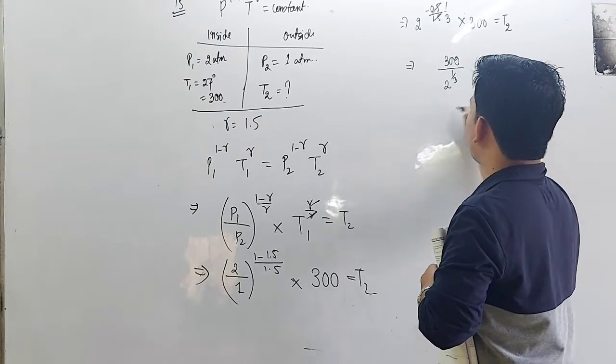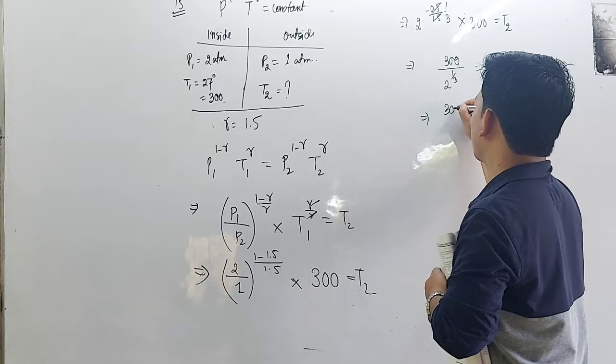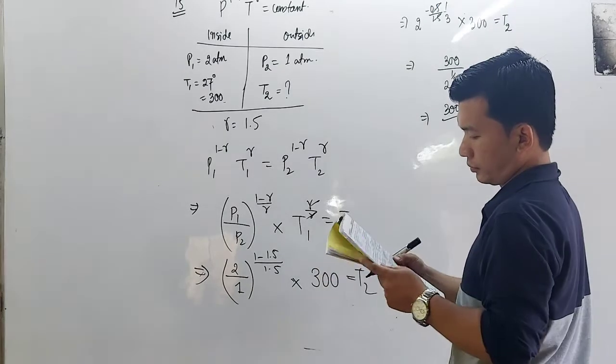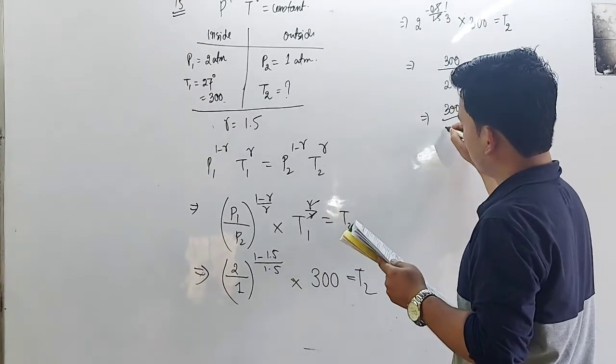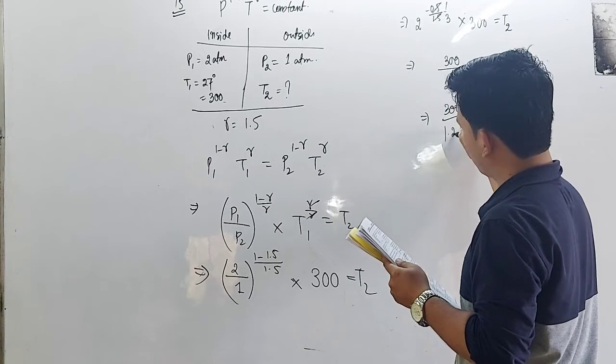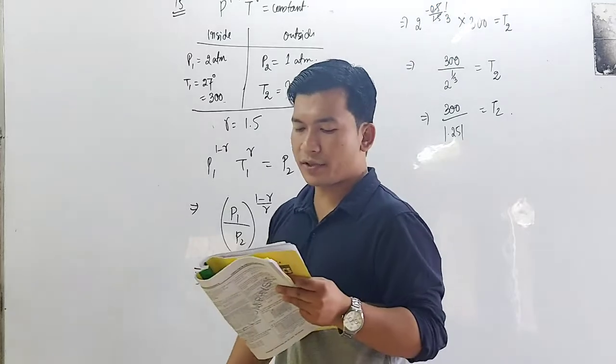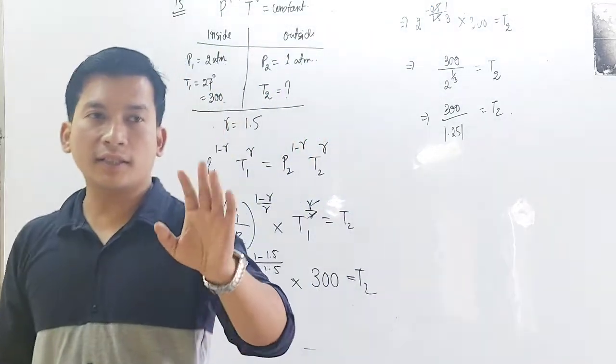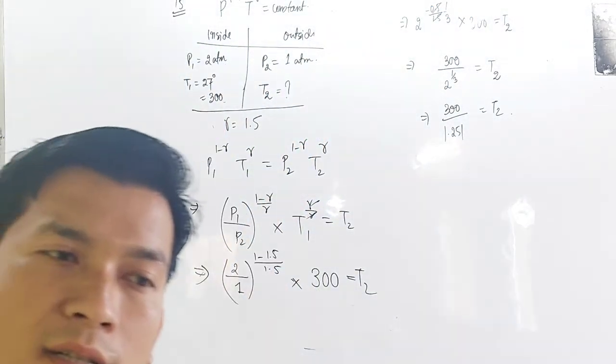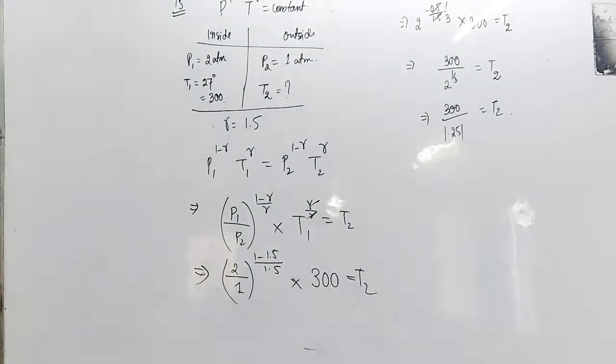This is T2. You put the value. You will get it in terms of Kelvin, and that Kelvin has to be converted into degree Celsius.